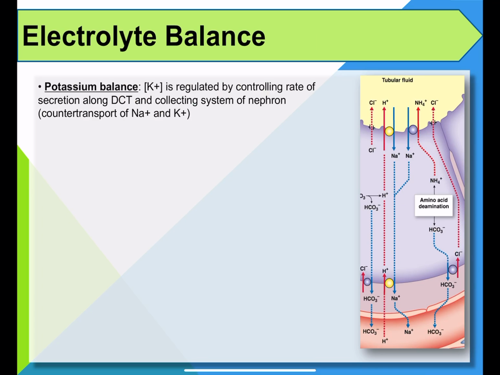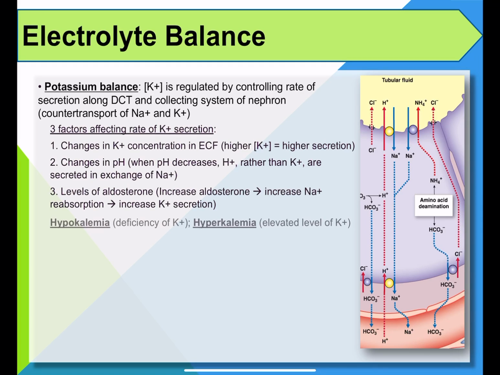Just as sodium ion concentration is important to the body, your potassium ion concentration is also critical because it is in countertransport with sodium ions. There are 3 factors that affect the rate of potassium secretion, as we have already mentioned in the urinary system chapter. When there are changes in your potassium concentration in your ECF, that's going to affect your secretion.